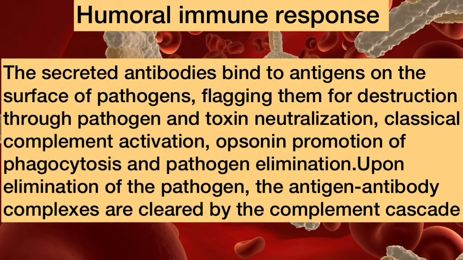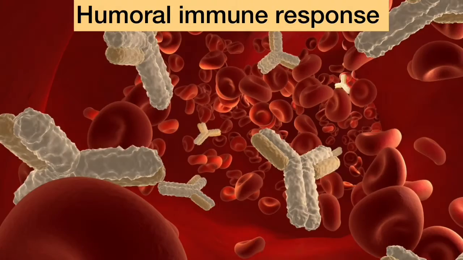The secreted antibodies bind to antigens on the surface of pathogens, flagging them for destruction through pathogen and toxin neutralization, classical complement activation, opsonin promotion of phagocytosis, and pathogen elimination. Upon elimination of the pathogen, the antigen-antibody complexes are cleared by the complement cascade.